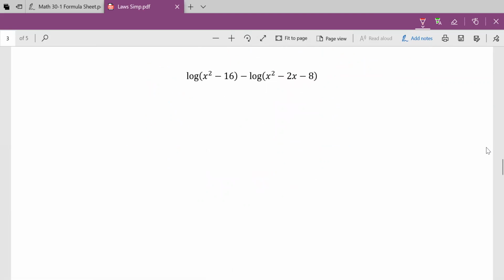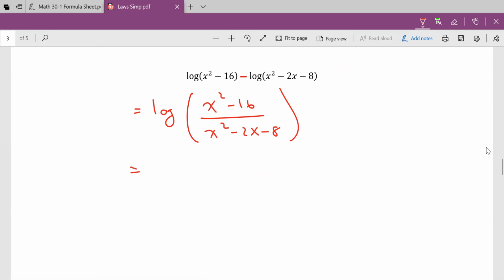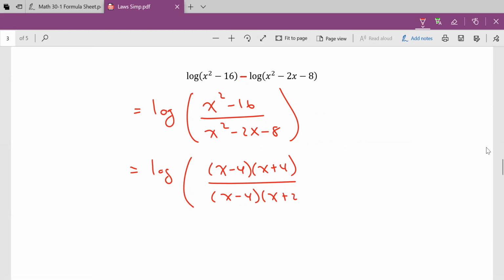Okay, this one says still simplify, but this time I notice there's a minus sign in between. So what that tells me is we'll divide our arguments just like this. And then I want to say to myself, is there anything else I can do to simplify? Well, sure, I can start factoring these things. This is x minus 4, x plus 4, x minus 4, x plus 2.